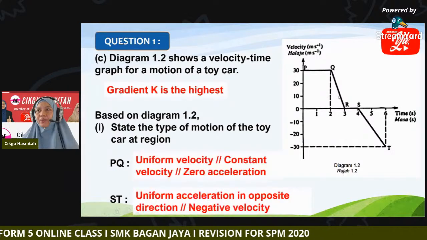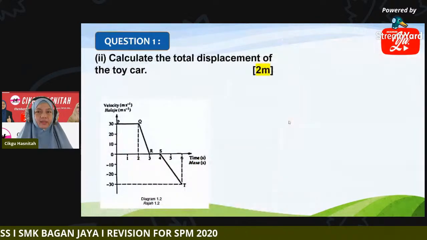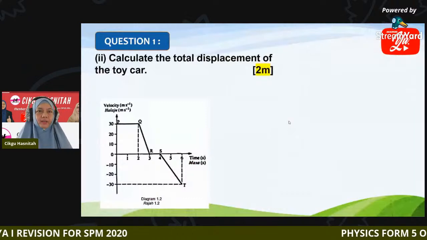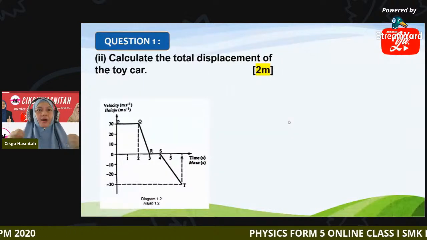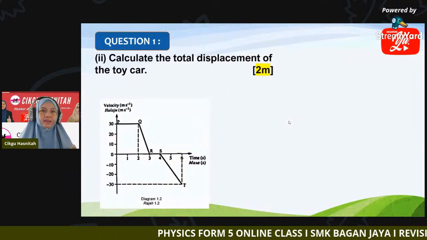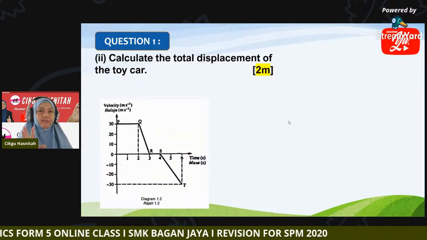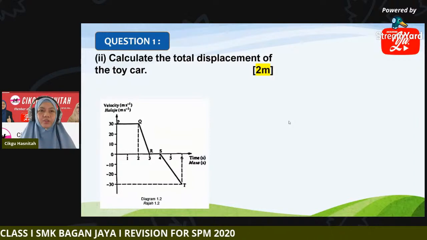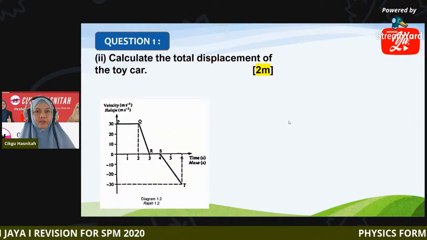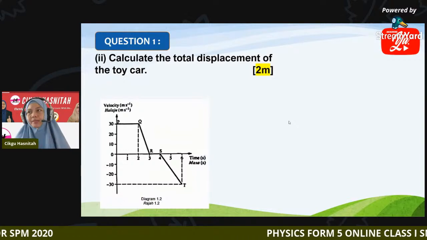Okay, now let's calculate the total displacement for the toy car. Remember, displacement is a vector. It shows magnitude and direction. So how to find the total displacement of the toy car?